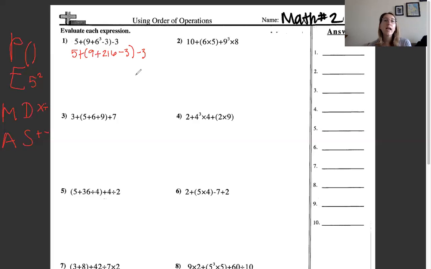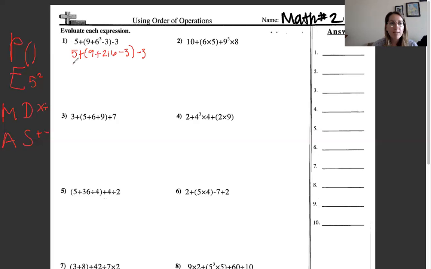So we're still going to end up doing our parentheses because we still have more in there. What we're going to do is add the 9 first, because we're going to work left to right since we have both addition and subtraction here. It's okay if we do it in whatever order, we're going to get the same answer, which is really nice.